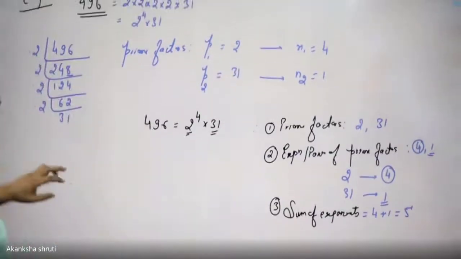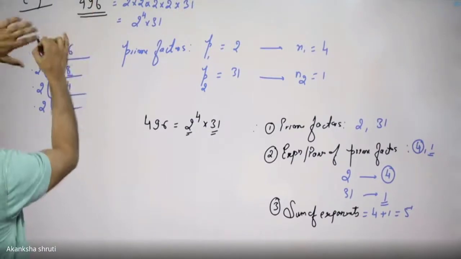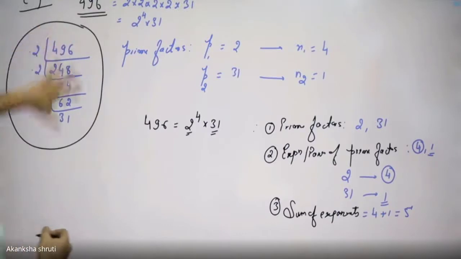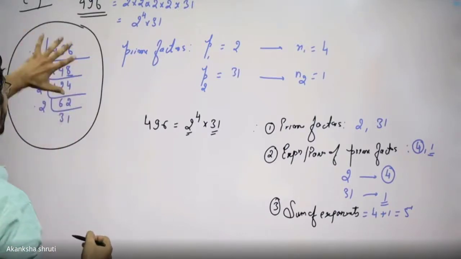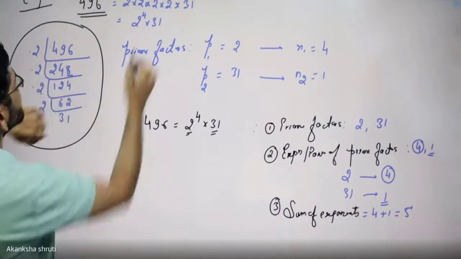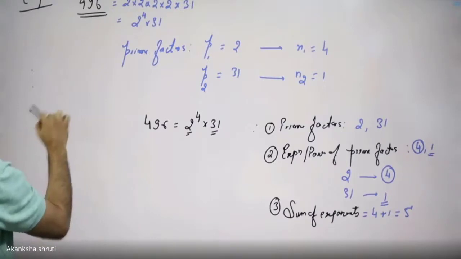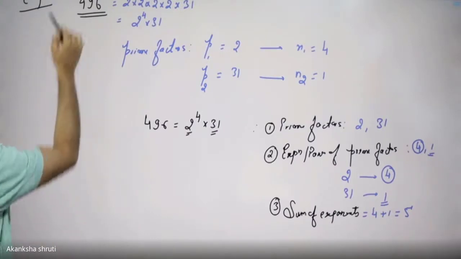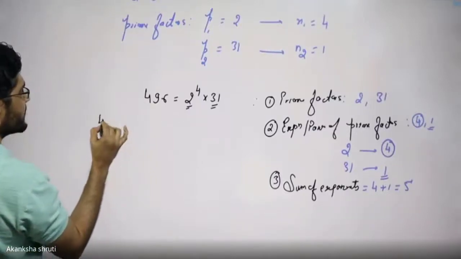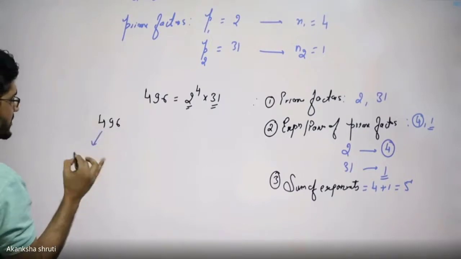Students, many times, rather than doing the simple division or finding the LCM this way, the same thing is written in tree form, and then it is called the tree for this FTA. The tree is nothing but writing the same thing in a more organized manner. We take 496; the smallest prime is 2.